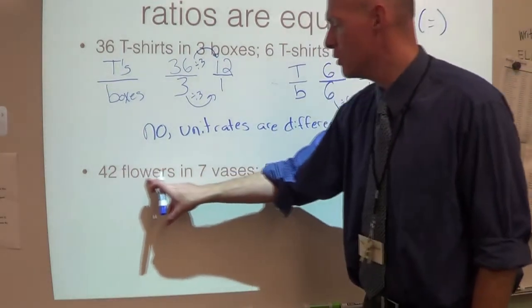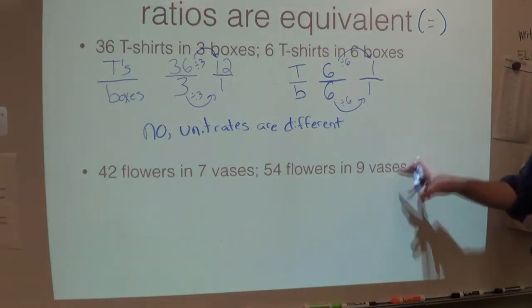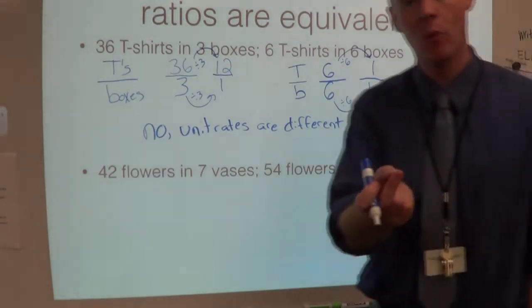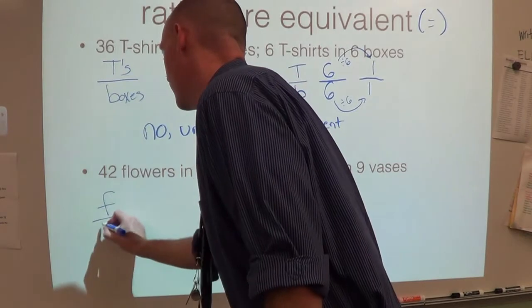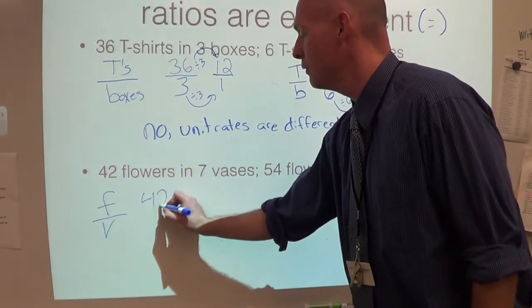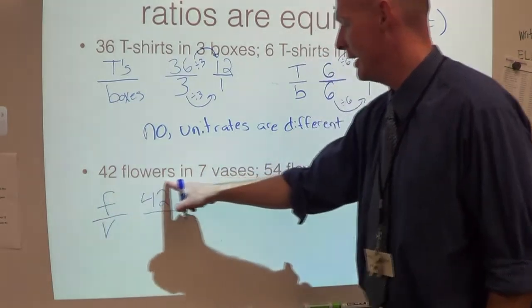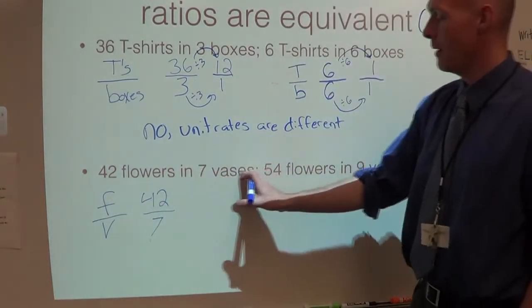Here I have 42 flowers in 7 vases and 54 flowers in 9 vases. So let's set it up word over word first. Flowers over vases. And I have 42 flowers in 7 vases. Perfect. So that's my first ratio.